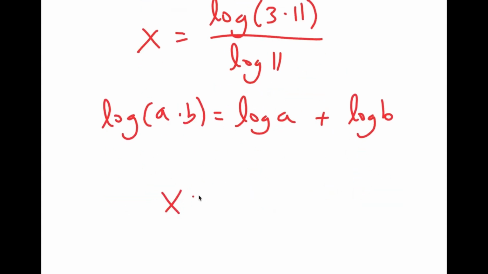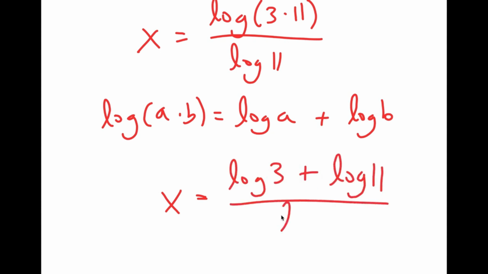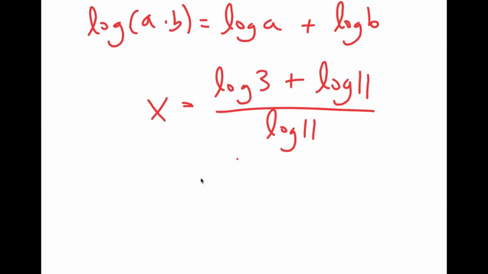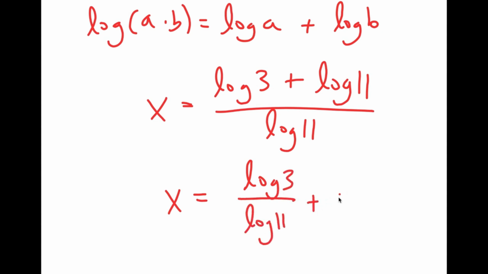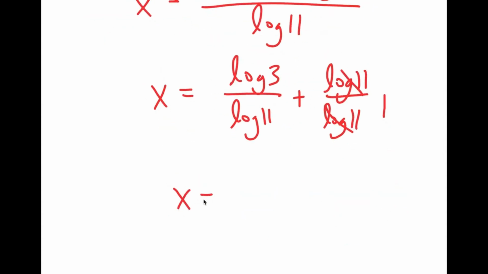So log of 3 times 11 is equal to log of 3 plus log of 11 over log 11. And this is the same thing as log 3 over log 11 plus log 11 over log 11, which these two cancel out to get 1. So I have x is equal to 1 plus log 3 over log 11.